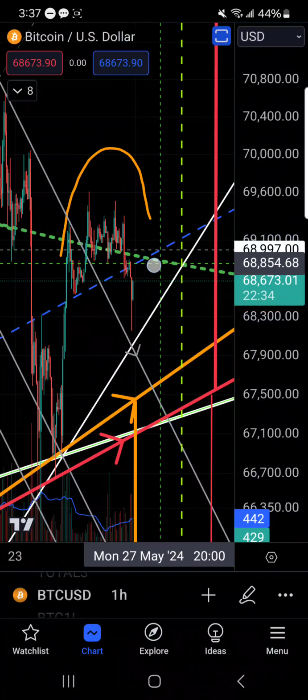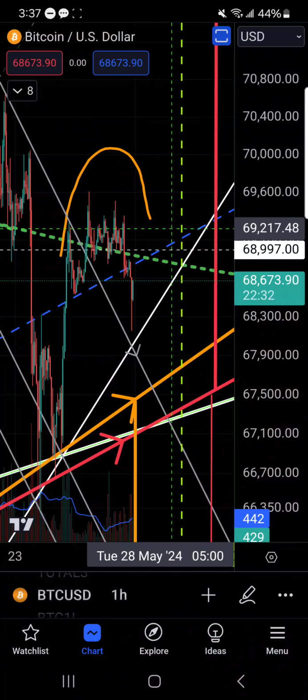We can get above that cluster of lines. It's looking pretty positive, but still not out of the woods yet.